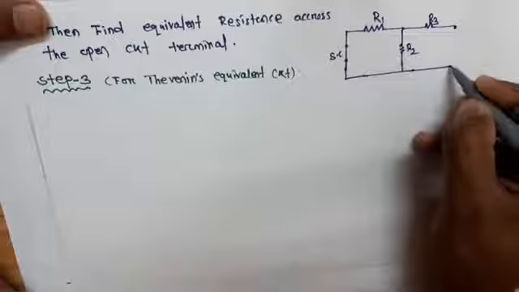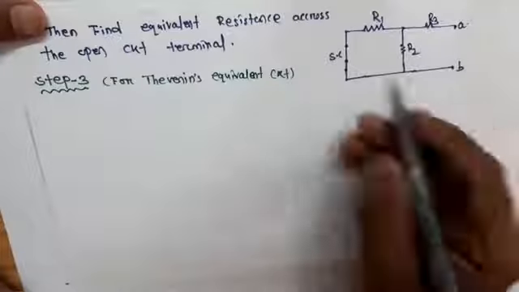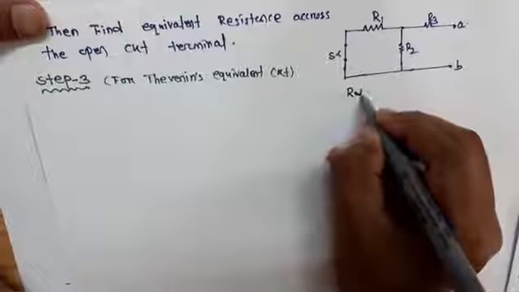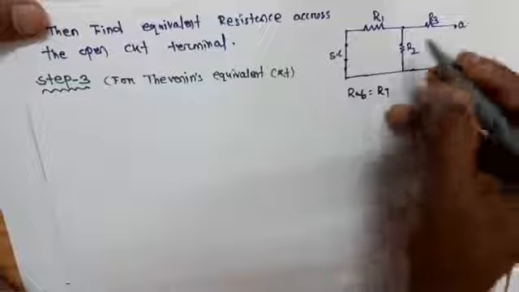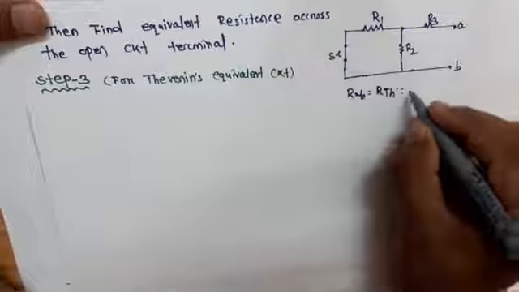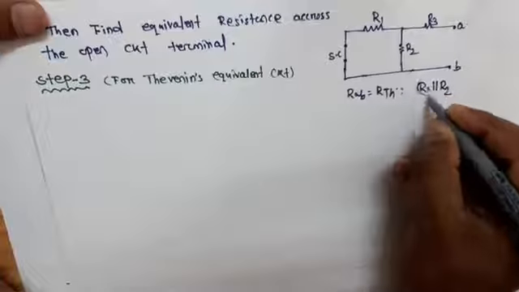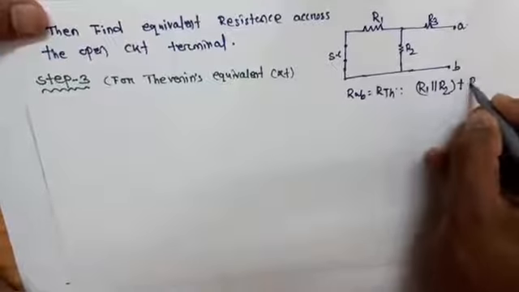Here we find the equivalent resistance across AB. RAB, or RTH, means R1 is in parallel with R2, then plus R3 in series.